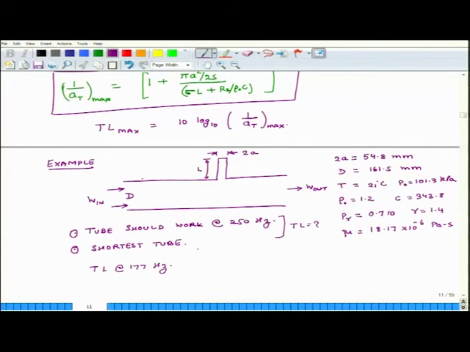And the last thing which is given is that there is no mesh inside the tube, okay, because we can have a mesh, but in this case we do not have a mesh.